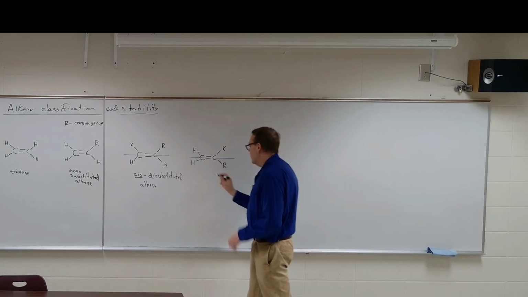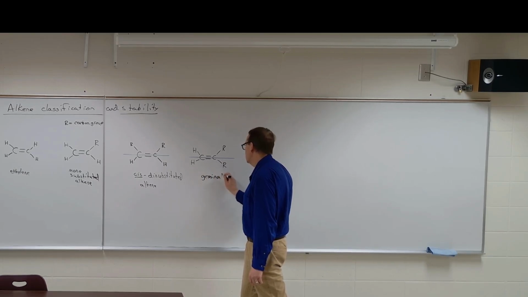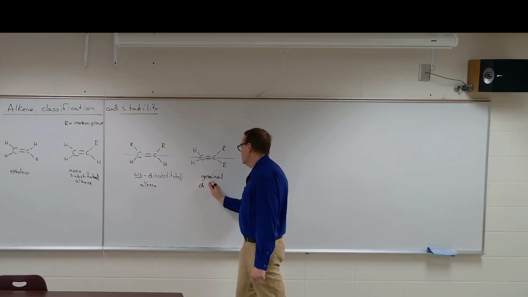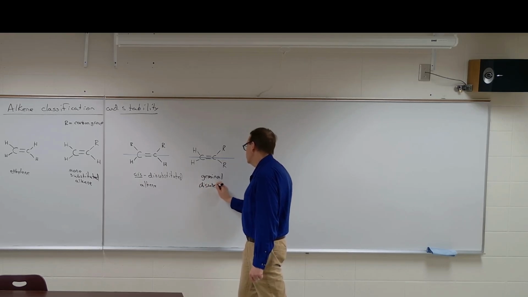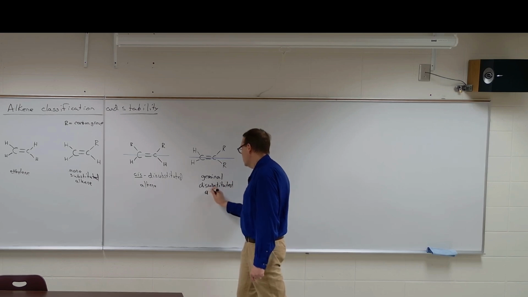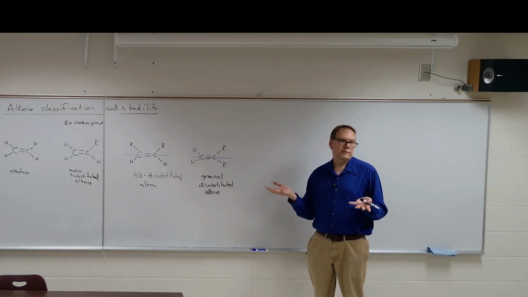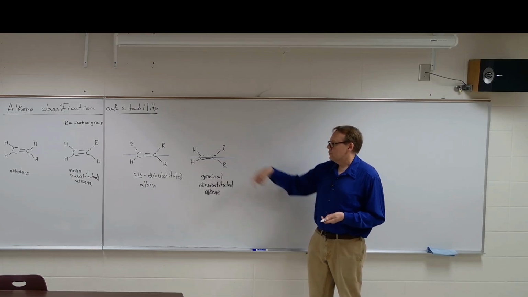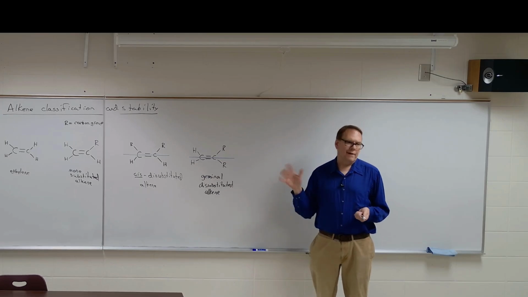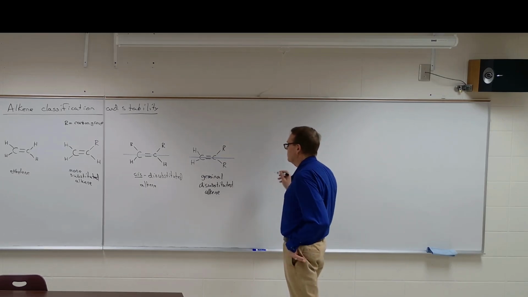This one is called a geminal disubstituted alkene. Geminal comes from Gemini, which is twins, basically. So you can think of these 2 groups as being kind of like twins. They don't have to be the same, but there's 2 substituents, and I guess that's where that derives from.